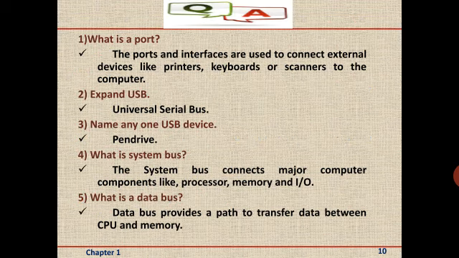So, let us recall today's class with few questions and answers. In this chapter, we learned what is port. Answer is ports and interfaces are used to connect external devices like printers, keyboards, scanners, etc. Expand USB.